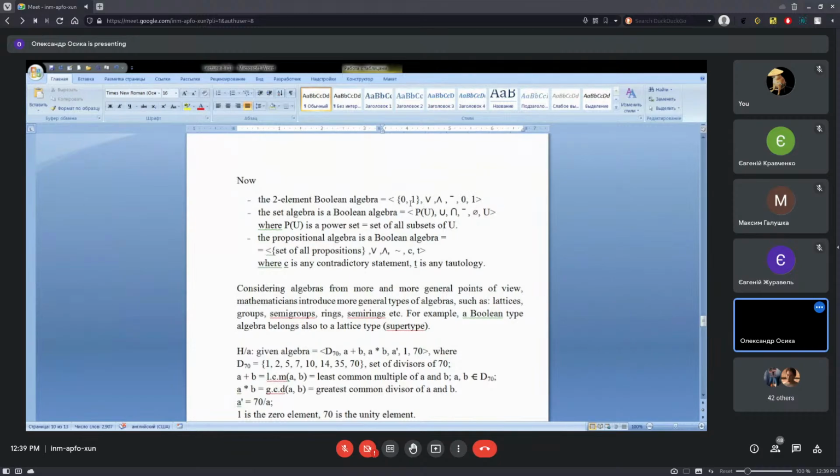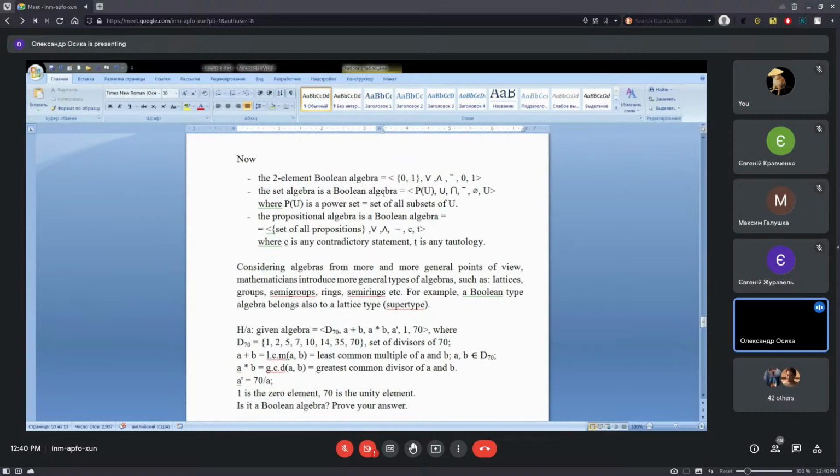So the set B consists of only 2 special distinct elements. Yes, there are no other 2. The set algebra is a Boolean algebra. Here, B is P of U, the power set of the universal set, the set of all subsets of the universal set.